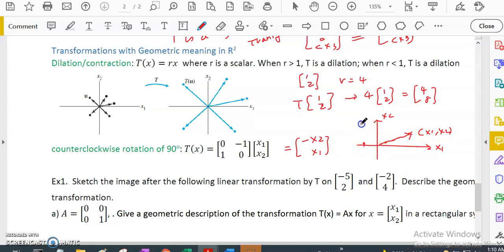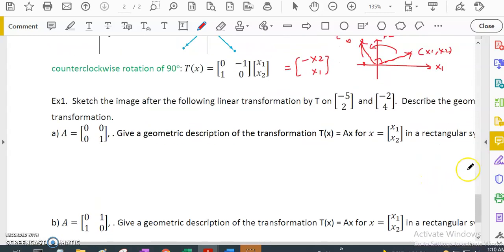So it'll be here. So this is -x2, x1. Do you see that your vector now becomes here, and this is 90 degrees, so it's a rotation counterclockwise by 90 degrees. After you multiply it, x1, x2 becomes -x2, x1.